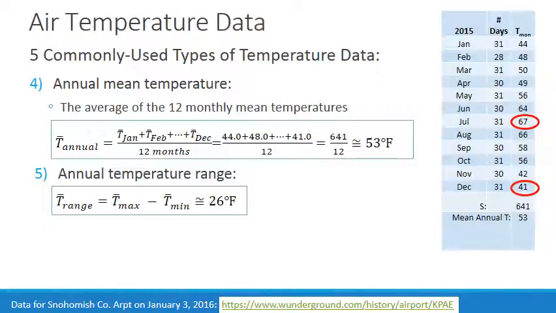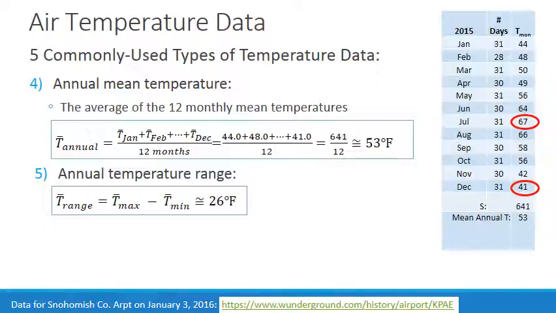For the Snohomish County Airport in the last year, that average comes to 53 degrees Fahrenheit. And the annual temperature range was 67 to 41 degrees. Okay? So total range of 26 degrees Fahrenheit.